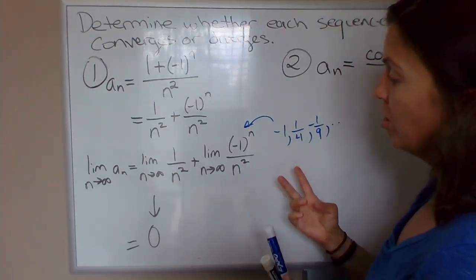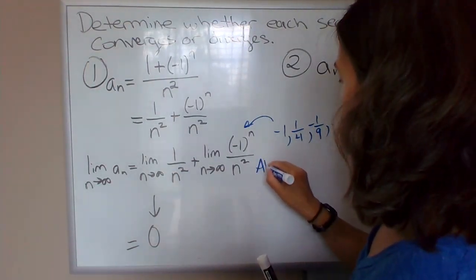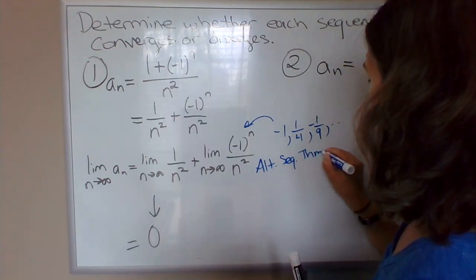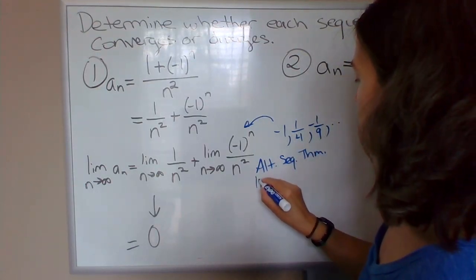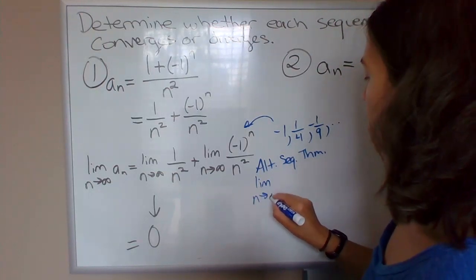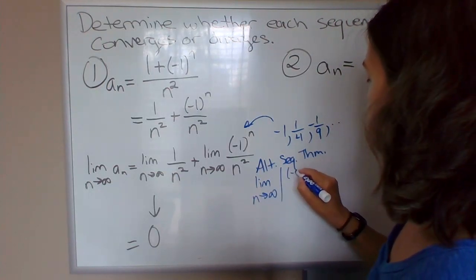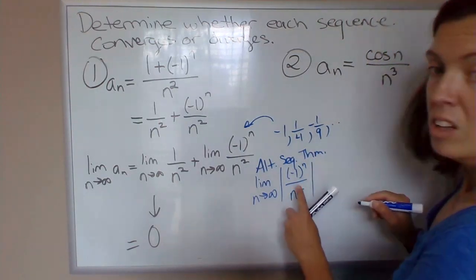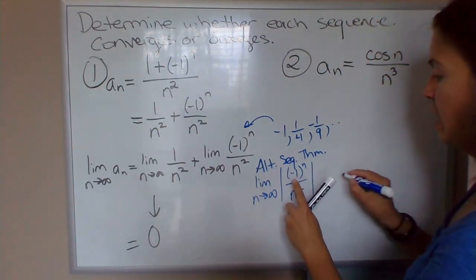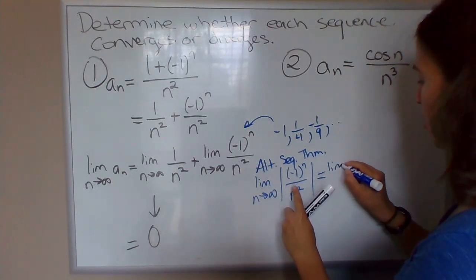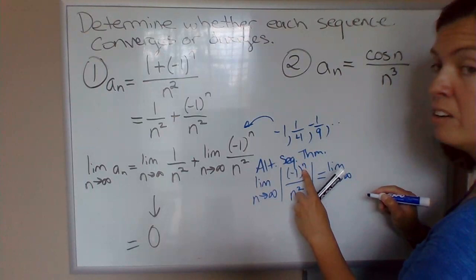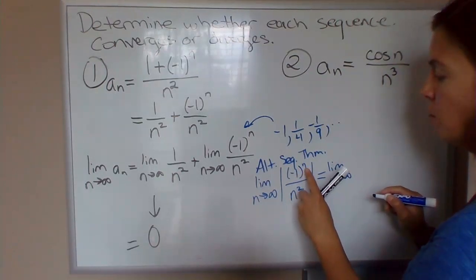We could use the alternating sequence theorem, which we just proved. So if we take the limit as n approaches infinity of the absolute value of these terms, negative 1 to the n over n squared, the absolute value of negative 1 to the n is 1. Because keep in mind, this is either positive 1 or negative 1, depending on if n is an even number or an odd number.